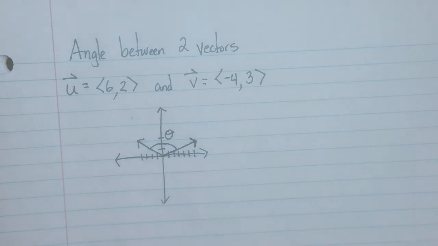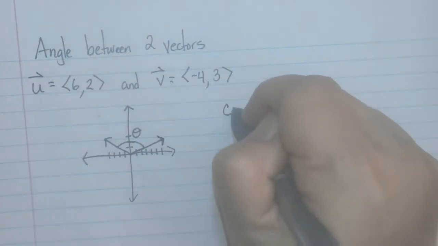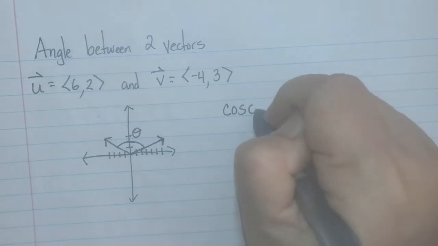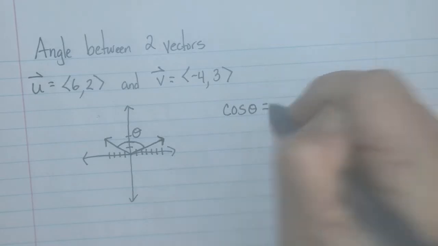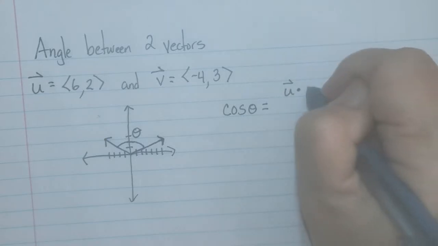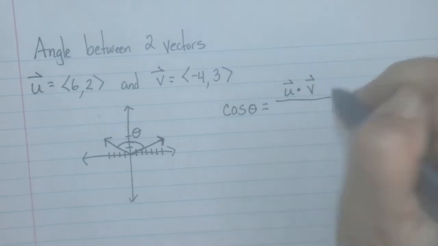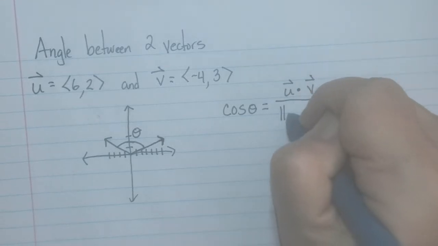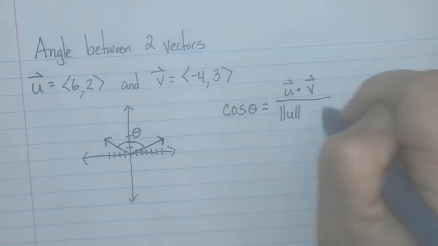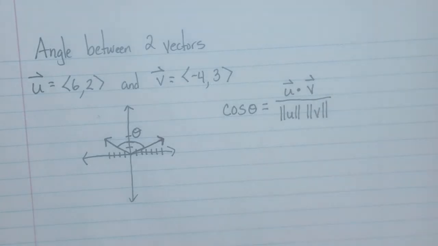And you can go through a whole proof. But the result is this formula. We're not going to go through the whole proof, but cosine of theta is going to equal vector u's dot product with vector v divided by the magnitude of vector u multiplied by the magnitude of vector v.